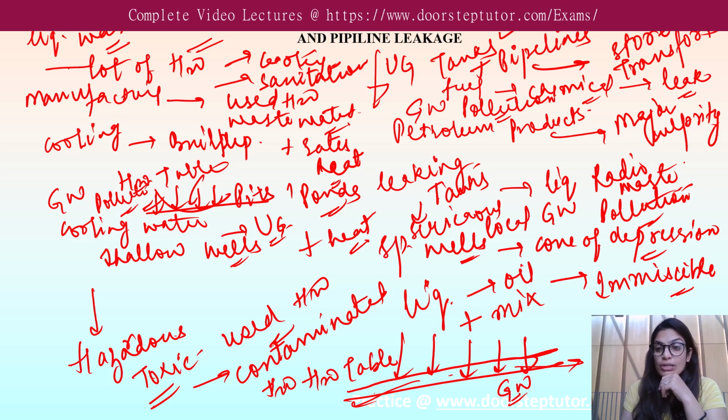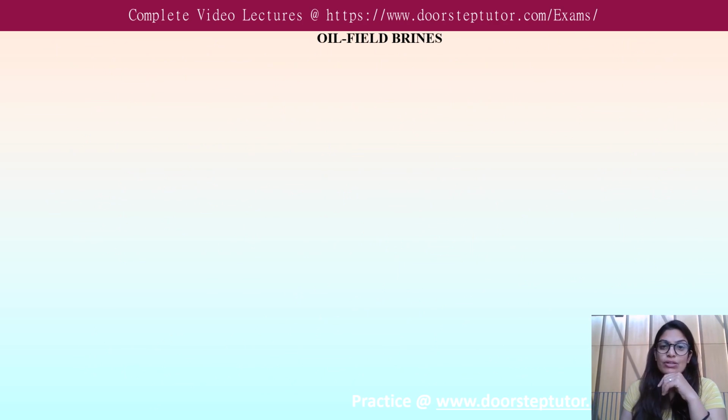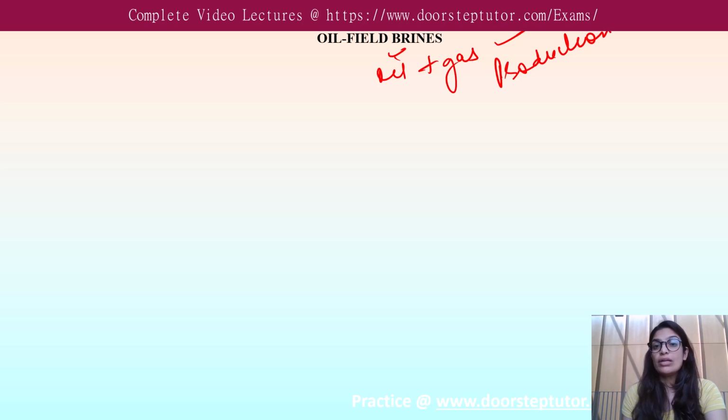Now let's talk about some more sources which are quite prominent, like mining activities and oil field brines. You know that whenever there is oil and gas production in bulk, it results in a large amount of wastewater, and this wastewater is known as brine.